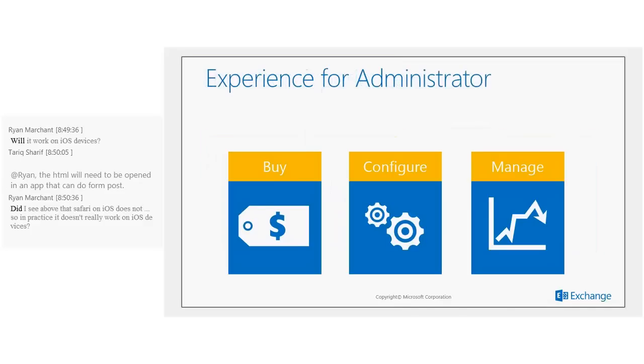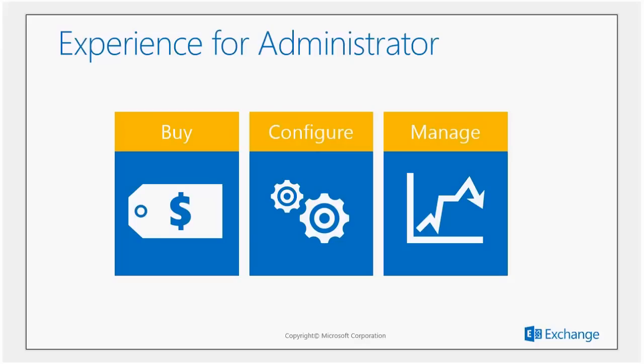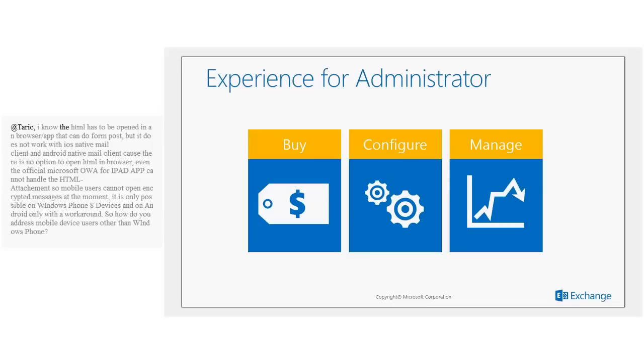For the admin, there is obviously the purchasing piece, which I'll cover in the next slide. In terms of configuring, it's a lot easier because there are easier actions to set up the encryption and decryption rules, and you can leverage the PowerShell commandlets to set up different branding elements.